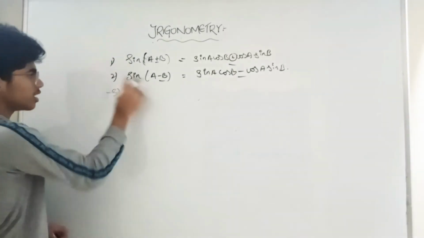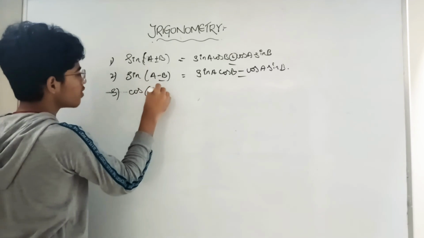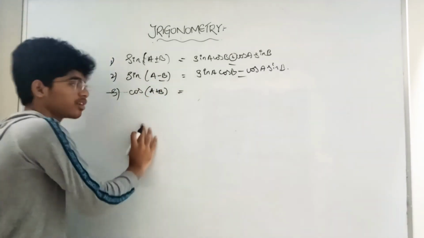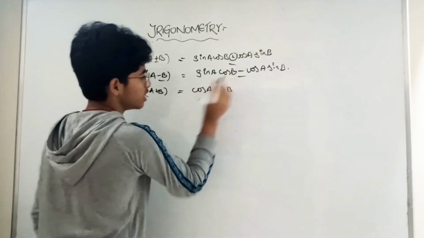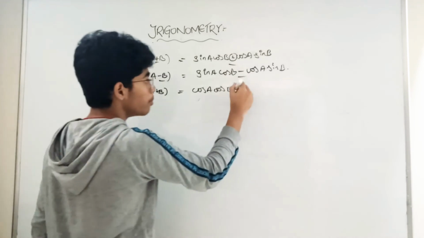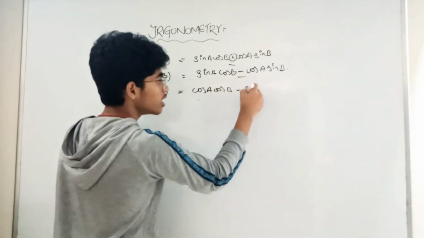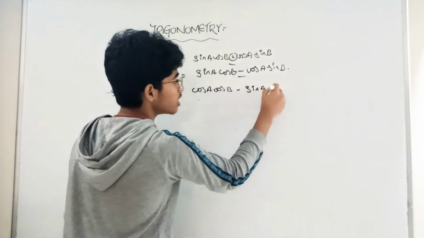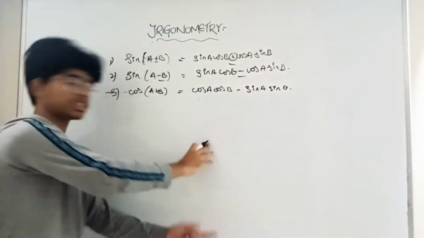So let's stop here for sine and jump into cosine. Cos of a plus b. This is peculiar. See, this is cos a times cos b, minus sine A sine B. So here it's a plus symbol, but it becomes minus.